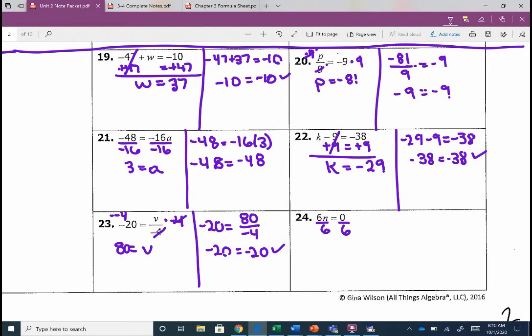Put in your calculator. 0 divided by 6. It's 0. So 6 times 0. Does that equal 0? Yes, it does.